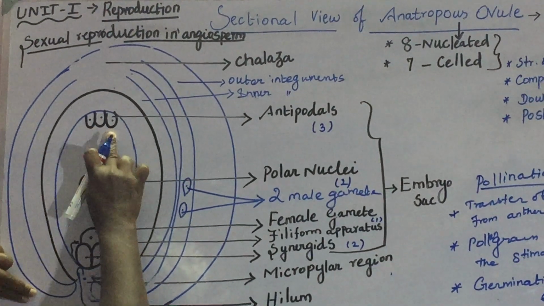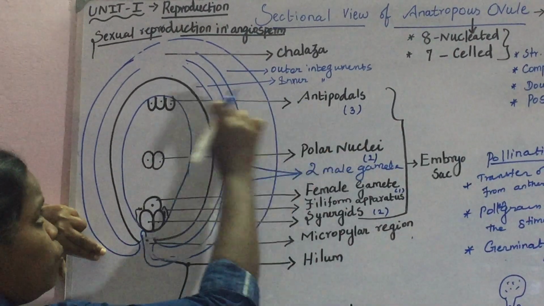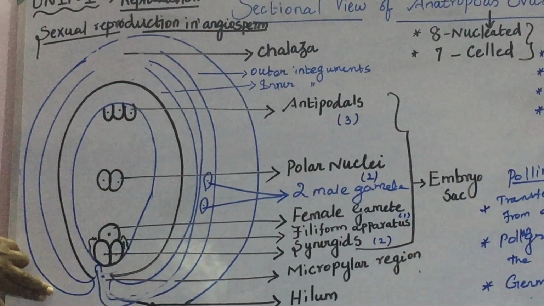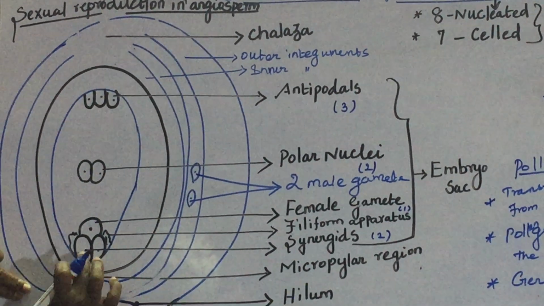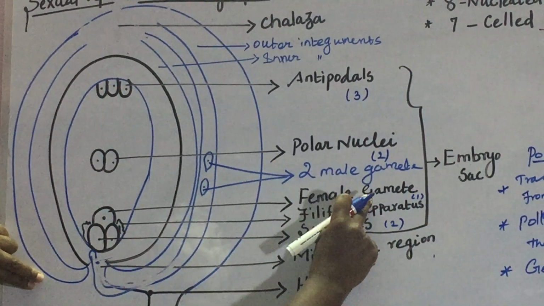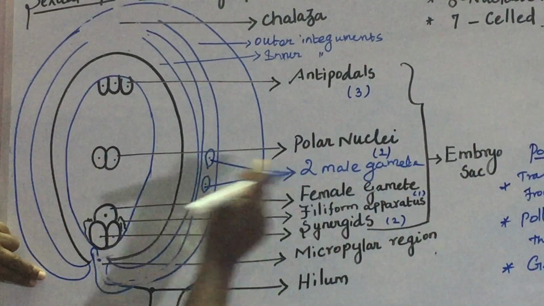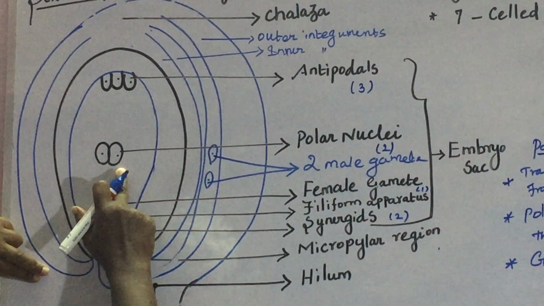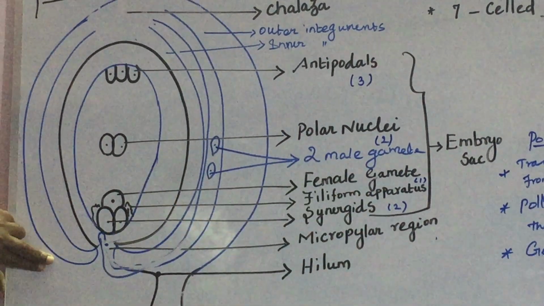On the anterior side of the embryo sac, there are 3 antipodals. On the posterior side, there are 2 synergids and 1 female gamete or egg. In the middle of the embryo sac, there are 2 polar nuclei.